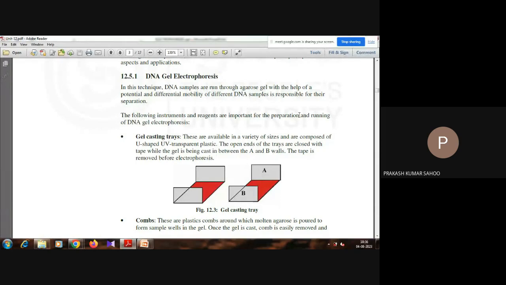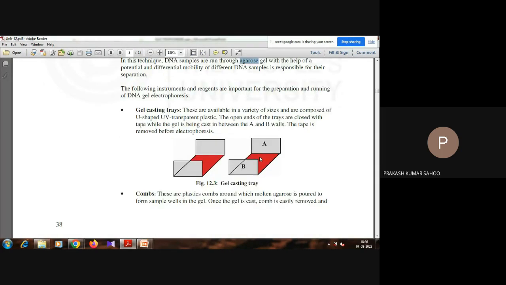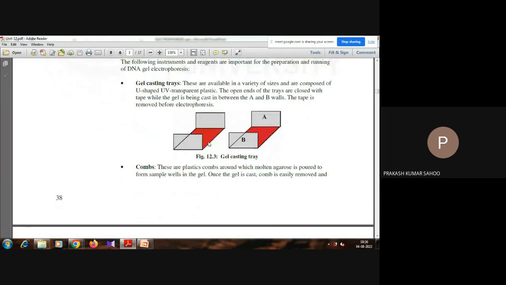In this type, the DNA samples are run through agarose gel, which we have discussed in ion exchange chromatography, where agarose is used. With the help of a potential and differential mobility of DNA, the following instruments and reagents are important for preparing the DNA gel electrophoresis platform.